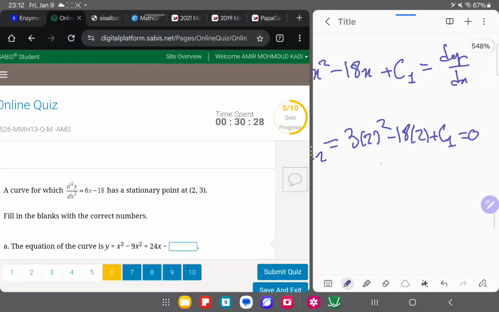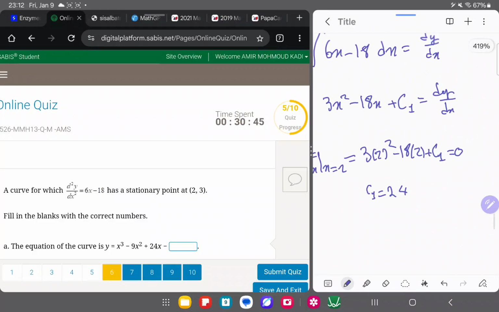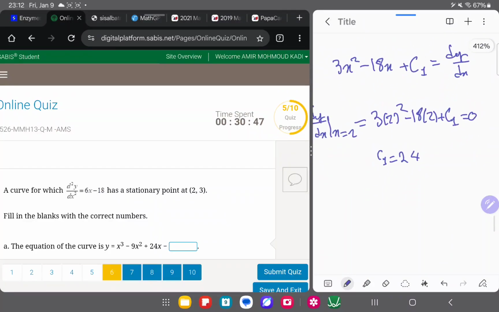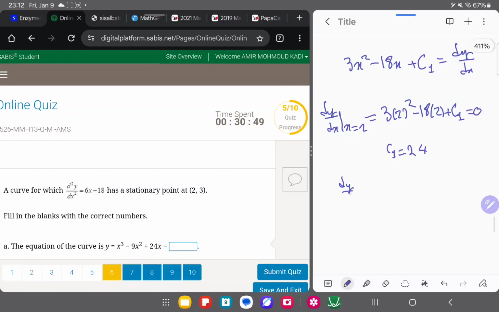So 3 multiplied by 2 squared, 4 times 3 is 12, minus 36. So c1 is equal to 24. Therefore, we can rewrite dy over dx as 3x squared minus 18x plus 24. We need to know this full formula later.